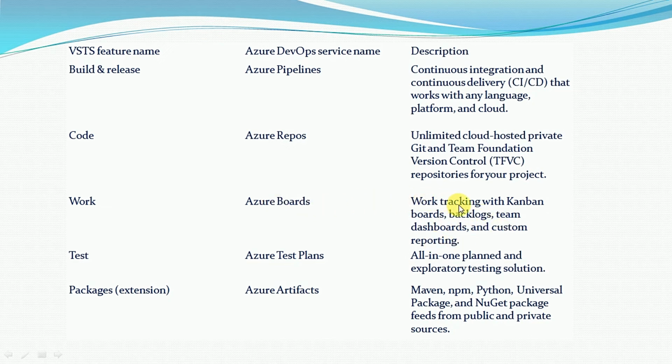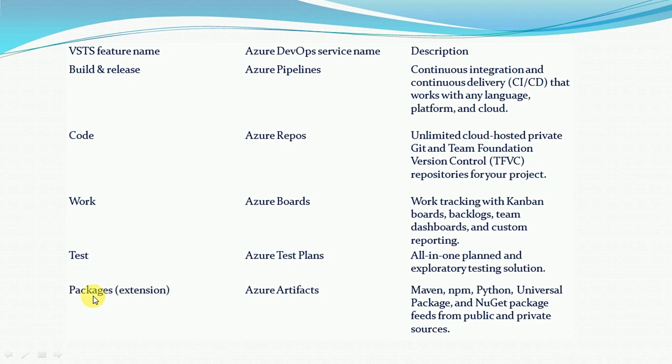So your product or project tracking tool or test management tool you can access from Azure Boards. Azure Test Plans. So for your testing related work, suppose you are working with automation or manual testing and you have prepared some test cases, you can control them through the Azure Test Plans services.